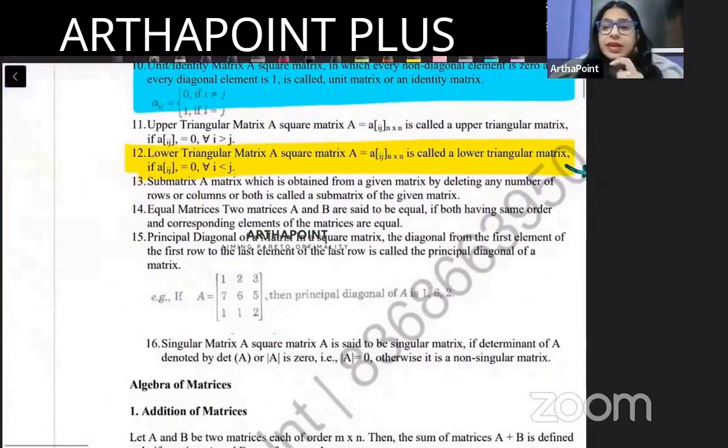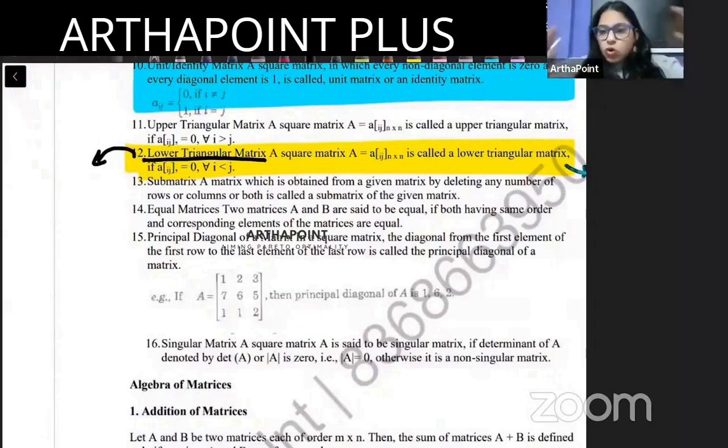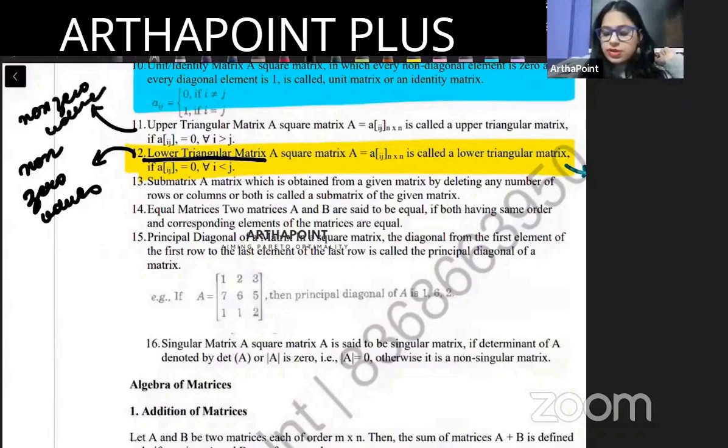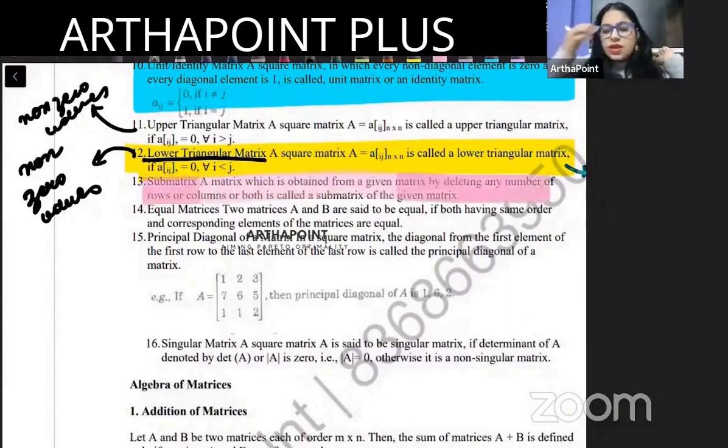So whatever name is given, if they say lower triangular matrix, meaning we are creating a lower triangle, whatever lower triangle I am creating should have non-zero values. If it is an upper triangular matrix, then the triangle we create in the upper part should have non-zero values, right?